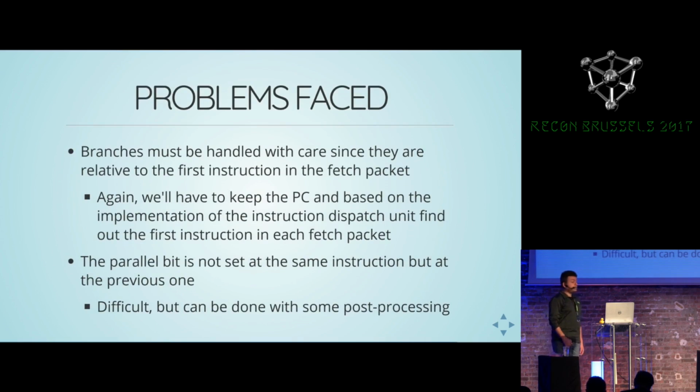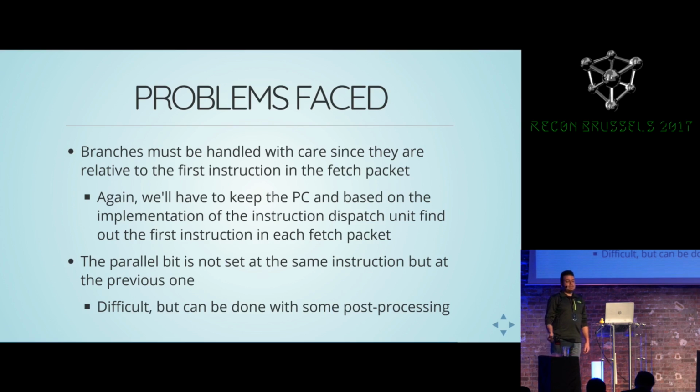Another problem are the branches. Branches must be handled with care because they're not relative to the current instruction, but they're relative to the first instruction in the fetch packet. So you must get the program counter, find the fetch packet, find the first instruction of the fetch packet, and then calculate the target address.